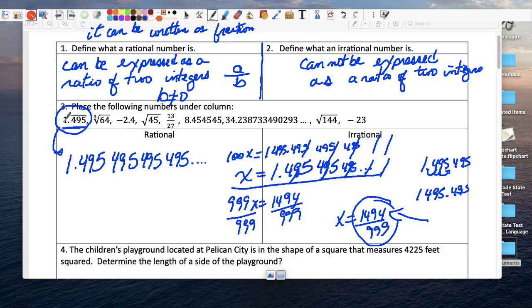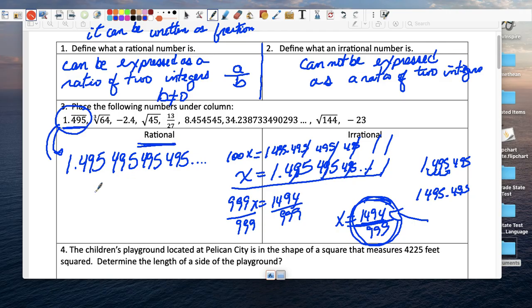My point here, and I'm going to go over this process of changing a repeating decimal a little slower, is: was I able to rewrite 1.495 repeating as a ratio of two integers, aka a fraction? Yes. And if I can, then guess what, it is a rational number.